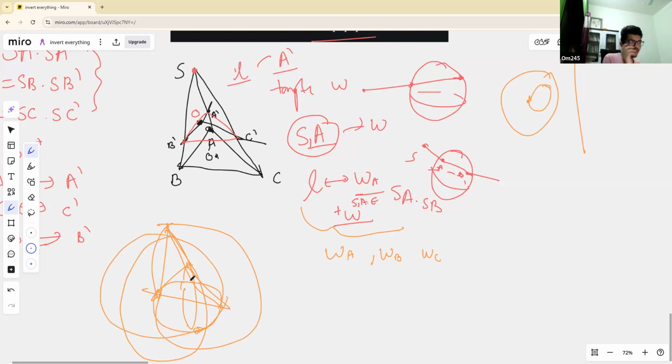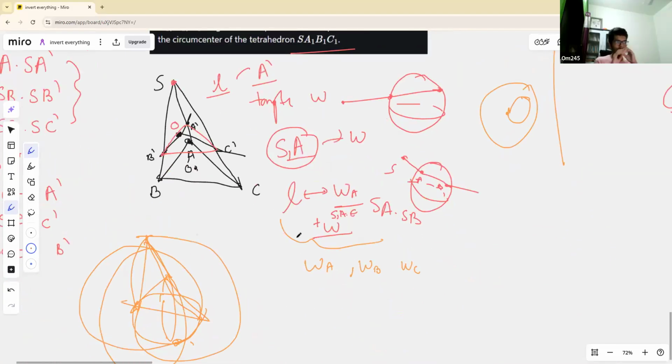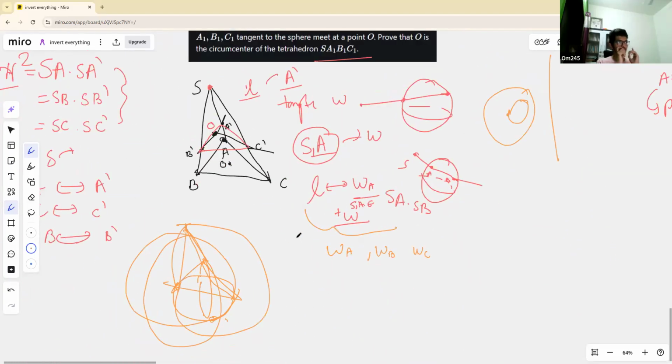Now, it's not obvious why they should intersect at one point, but we actually made this complicated.